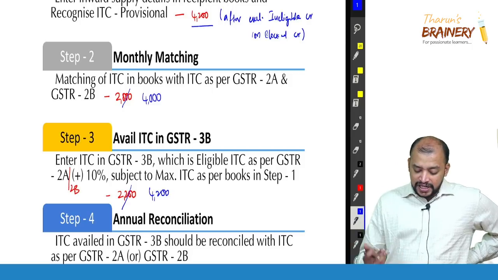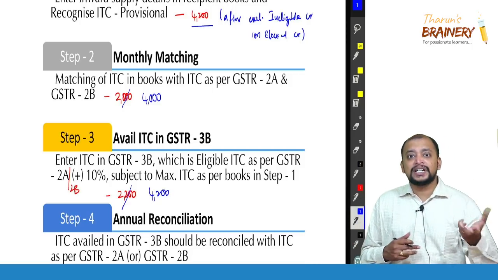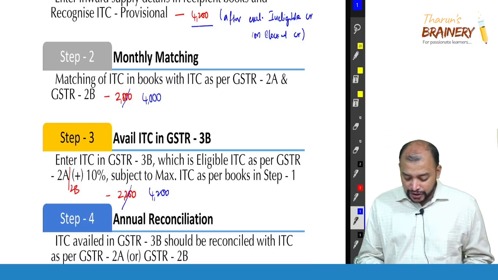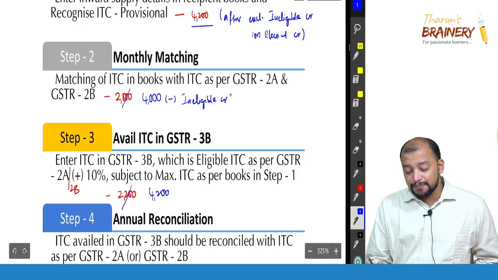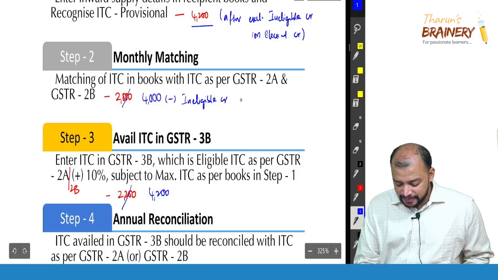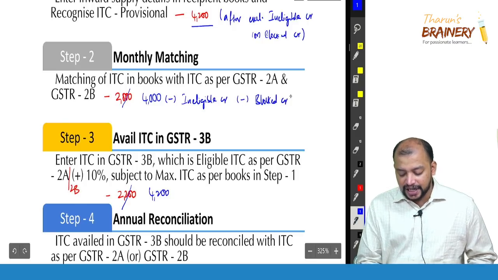Then whatever the ITC as per 2A 2B is, say 4,000, we cannot take this 4,000 directly. From this 4,000 we need to take out ineligible ITC, because even ineligible credits get matched, and we need to take out blocked credit. Even blocked credit gets matched.